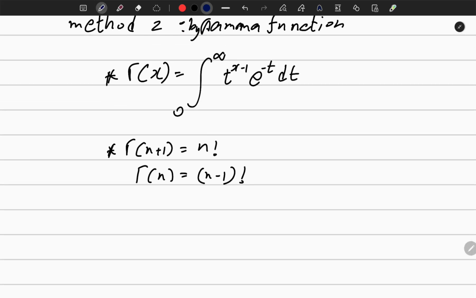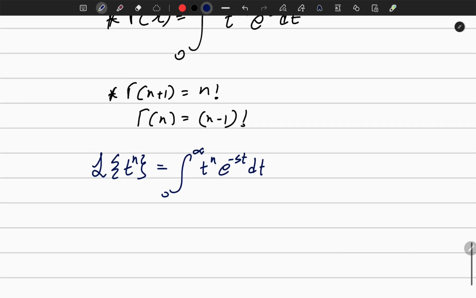Let's go on. What I need is the Laplace transformation of t to the n. This is the integral from 0 to infinity of t to the n e to the minus st dt. Let's say z is equal to st, then dz is equal to s times dt, right? Here s is a constant, s is greater than 0.